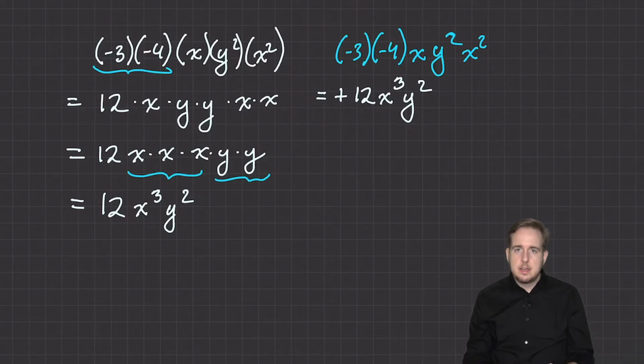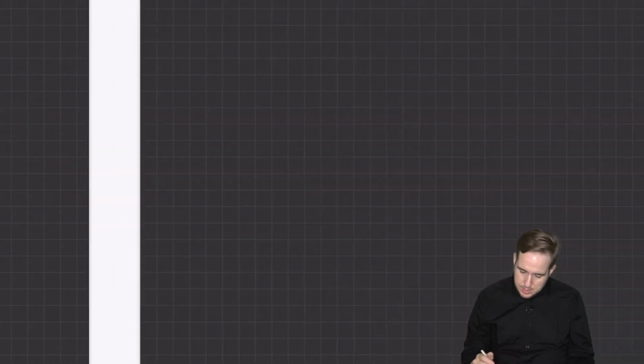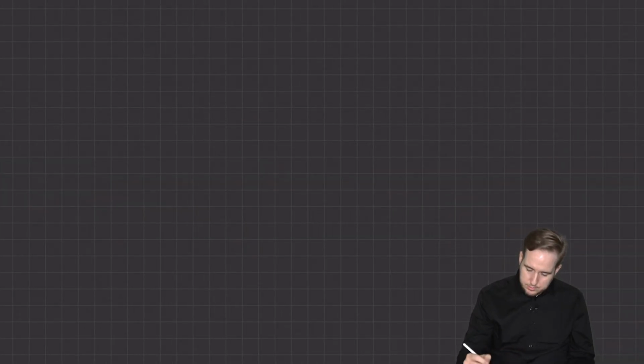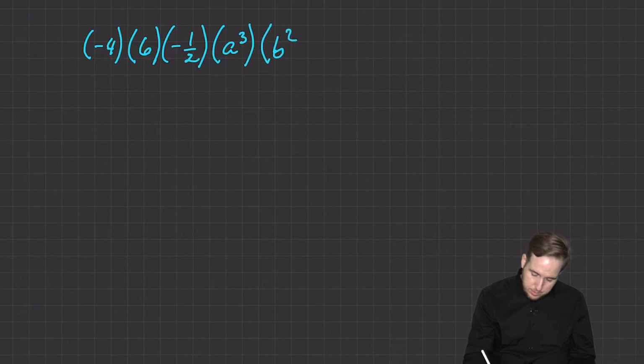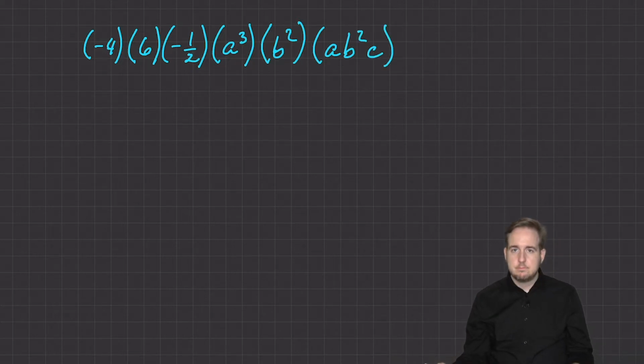So let's make up another example and let's do just the shortcut method, just to see how things work. So I will say we were going to do -4, 6, -1/2 a cubed b squared a b squared c.